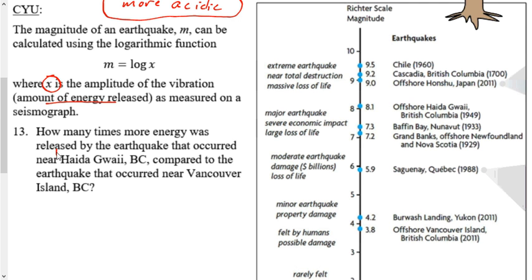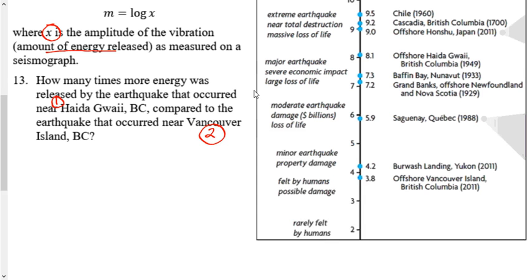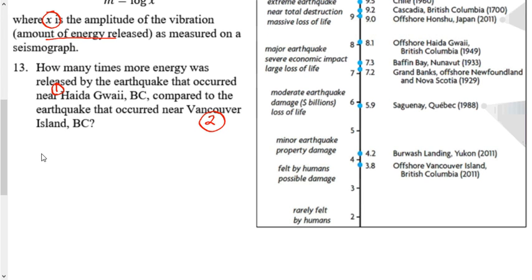And the Vancouver Island, I'm going to call that 2, just so I don't have to use so many variables. And what I want to find is Haida Gwaii compared to Vancouver Island. So I want to compare x1 to x2. That's what we want to find in this question.